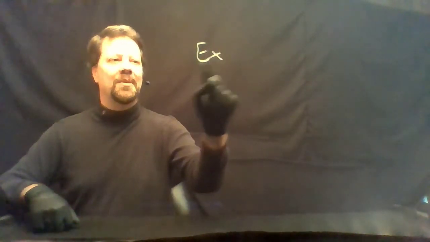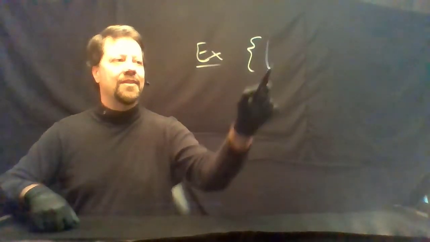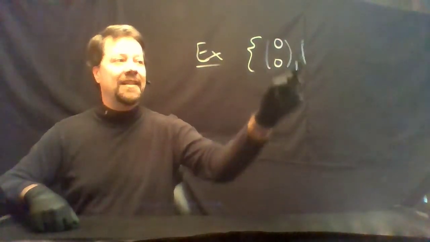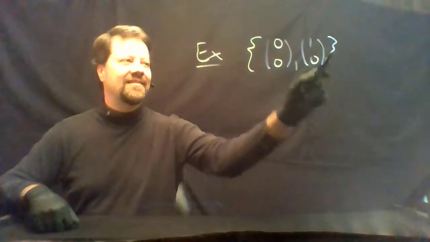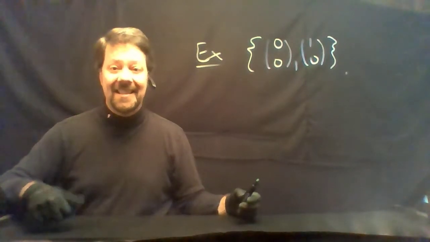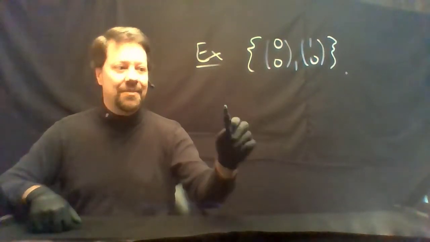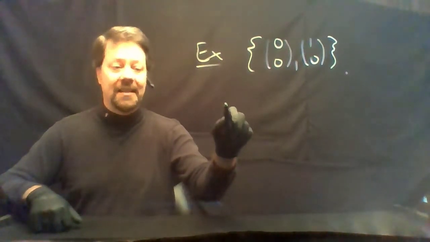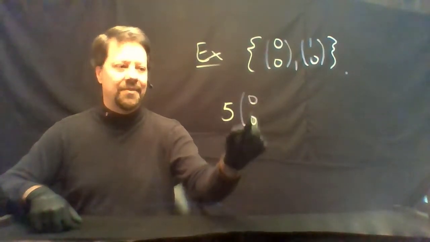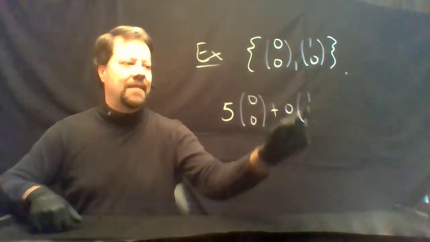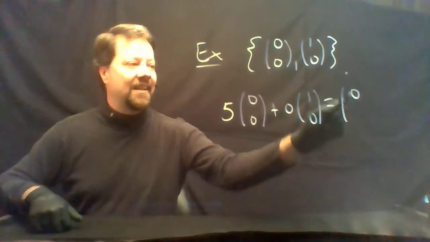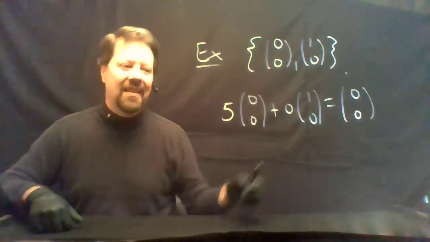In our next example, what if your collection of vectors already has the zero vector in it? Isn't it linearly dependent? The answer is sure. I'll just take any number at all, like 5 times 0, 0, plus 0 times 1, 0, and that gives me the zero vector.